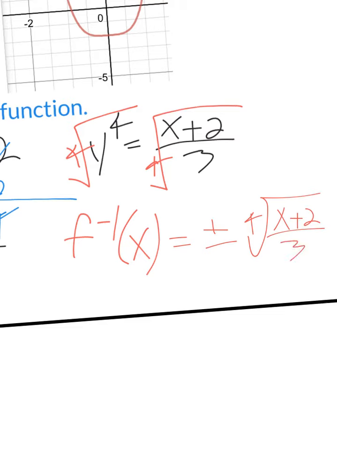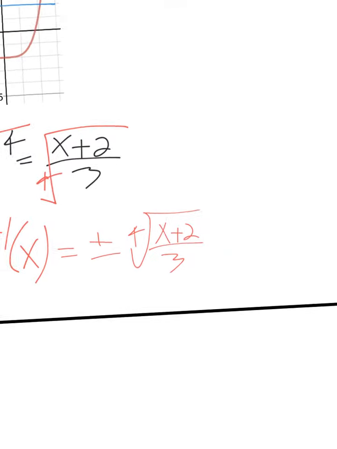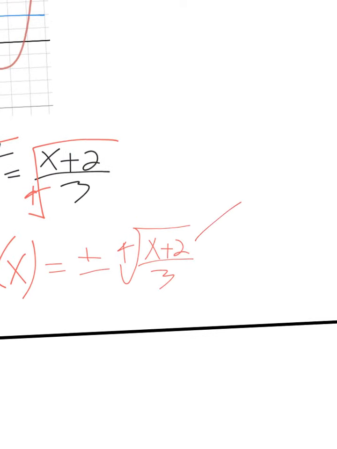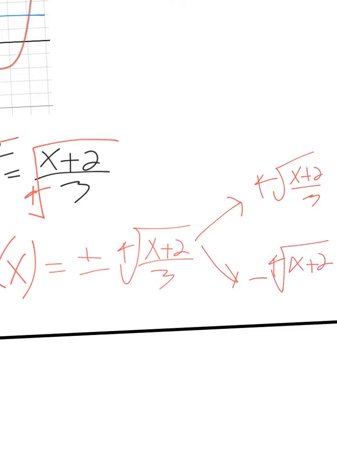And again, if you get a plus or minus function, technically what that means, especially if you're using the graphing calculator, is you're going to type in the positive fourth root of x plus 2 over 3, and then you'll do the negative fourth root of x plus 2 over 3, okay? So you have, from a certain point of view, two functions, okay?